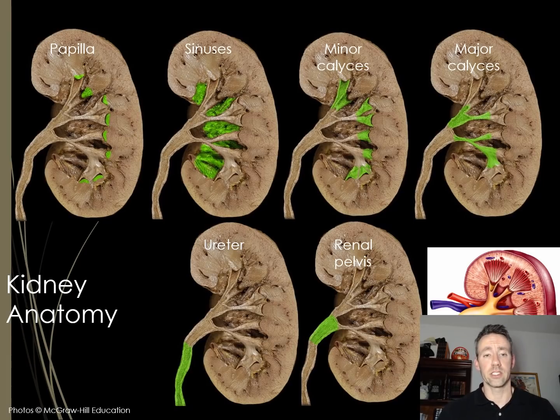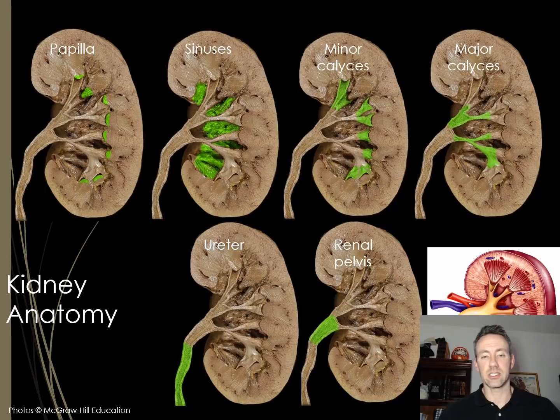So here you can actually see the anatomy on an actual kidney. Highlighted in green would be the region that's being labeled. So papilla would be at the end of the pyramids, and as you can see here, this little sort of smooth region in the medullary portion of the kidney, and at the very tip of that, which would be the apex of that pyramid, is the papilla. And then the sinuses, that little area in the hilum I was speaking about.